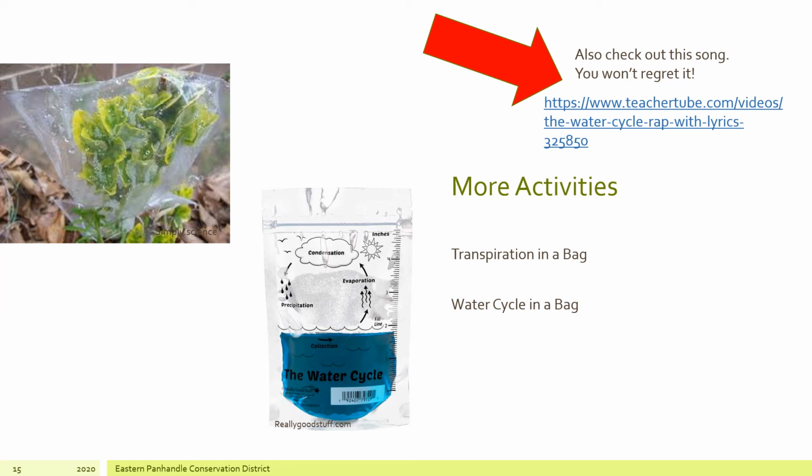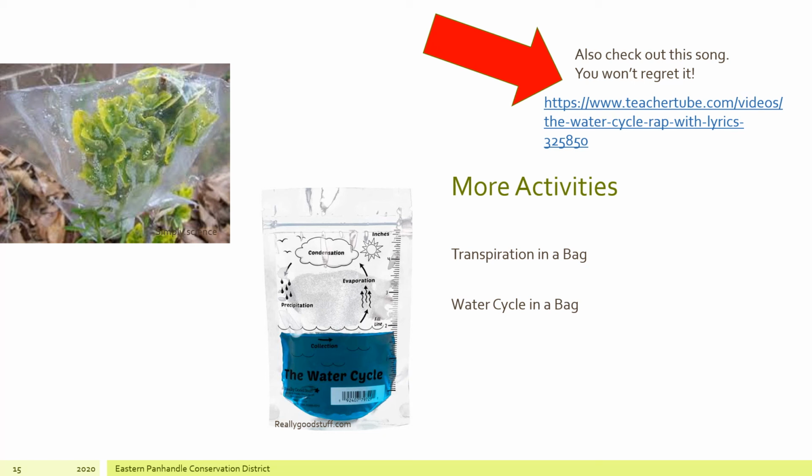And you can kind of watch that process of the water cycle and you'll be able to see those water droplets on the bag. Of course, if you're ever out in the wilderness and you lost your canteen, you ran out of water, the same principle can be applied and you can actually collect water that way to be able to drink.